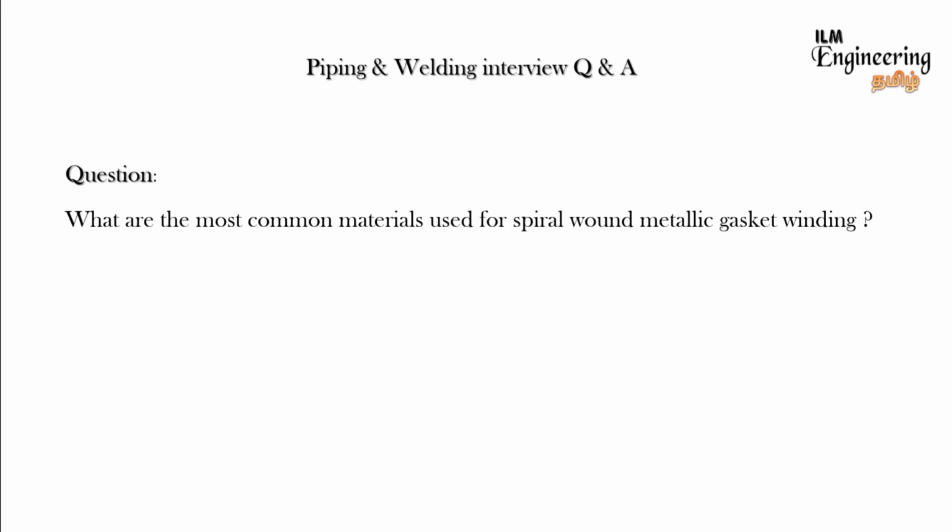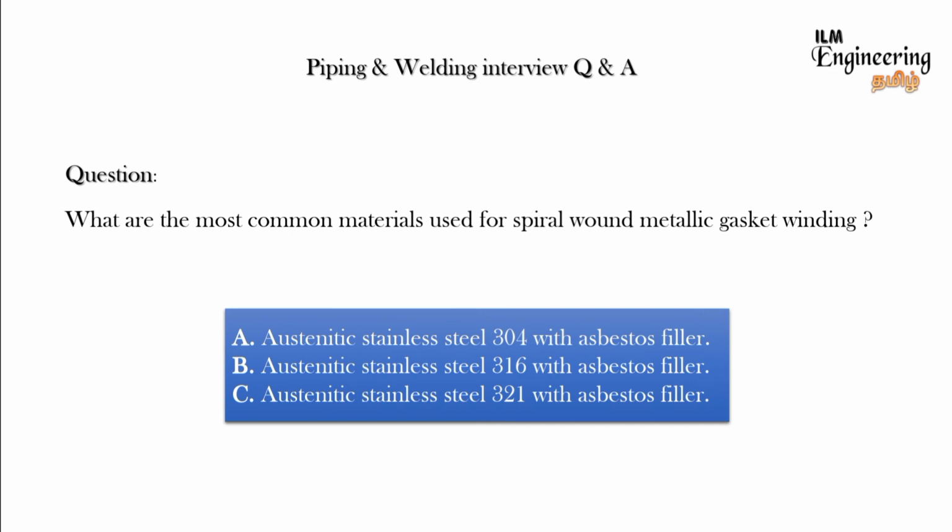What are the most common materials used for spiral wound metallic gasket winding? Austenitic stainless steel 304 with asbestos fiber, austenitic stainless steel 316 with asbestos fiber, austenitic stainless steel 321 with asbestos fiber.